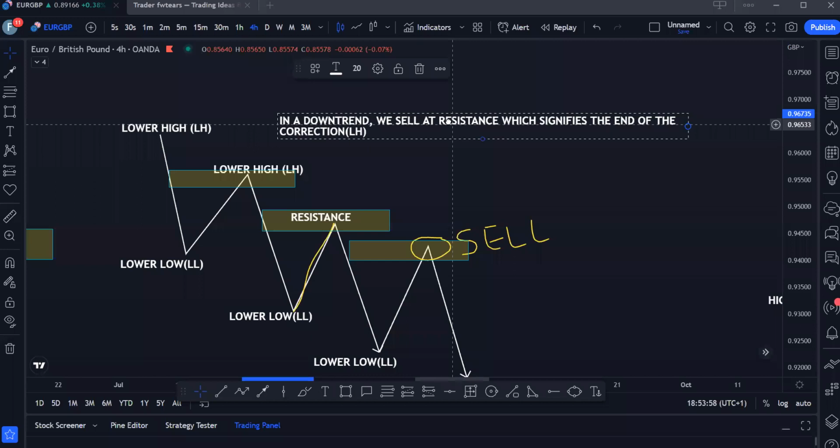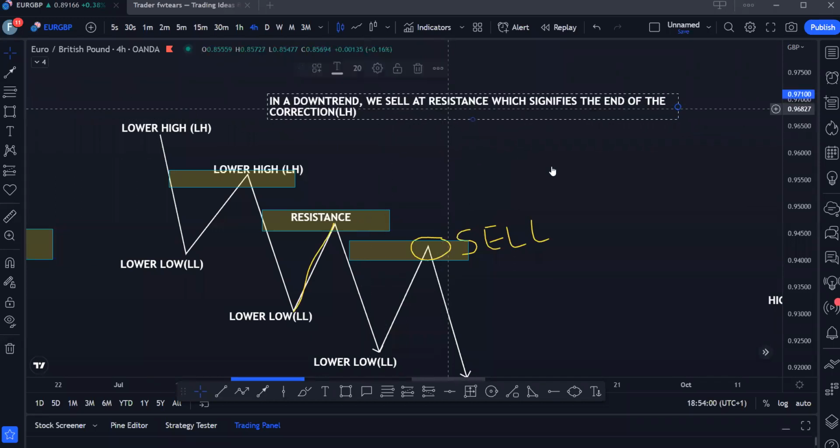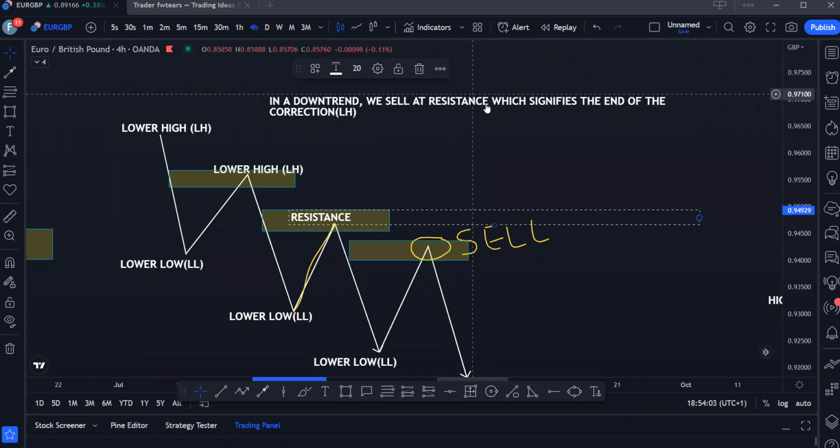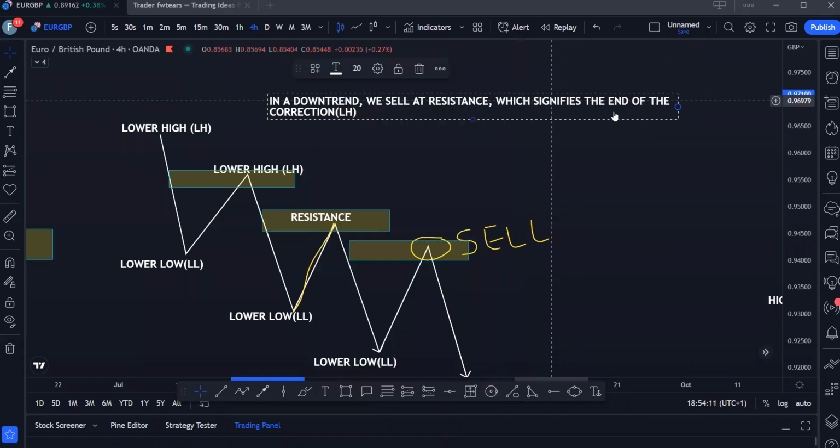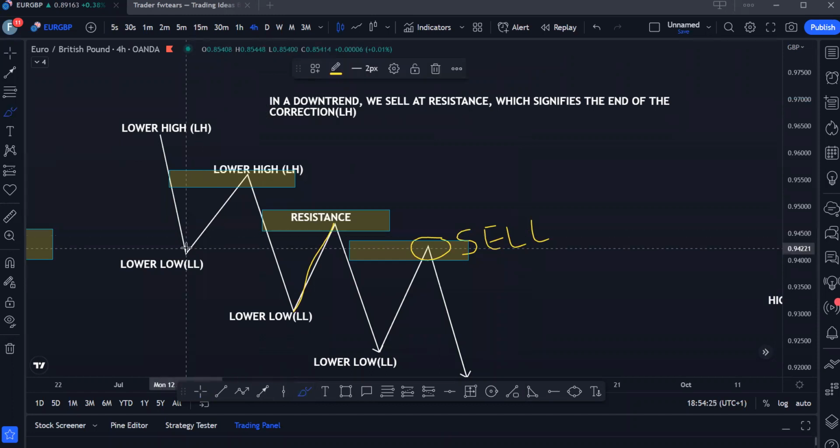Okay, so in a downtrend, we sell at resistance, and that resistance signifies the end of the correction. Remember, a downtrend is made up of impulse, correction, and impulse. So this is the correction I'm talking about over here. This move here is a corrective move. This move is a corrective move. This move is a corrective move. It's a correction.